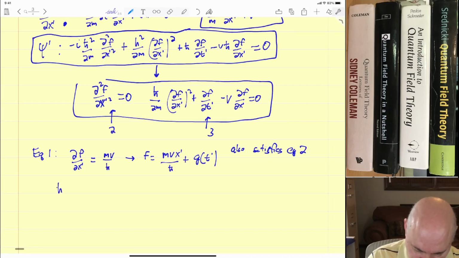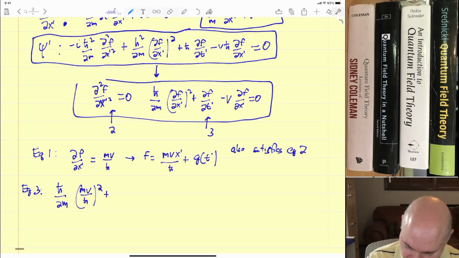So I have, this is equation 3, h bar over 2m, the partial of f with respect to x prime, we already know that's mv over h bar, squared, plus the partial of f with respect to t prime.